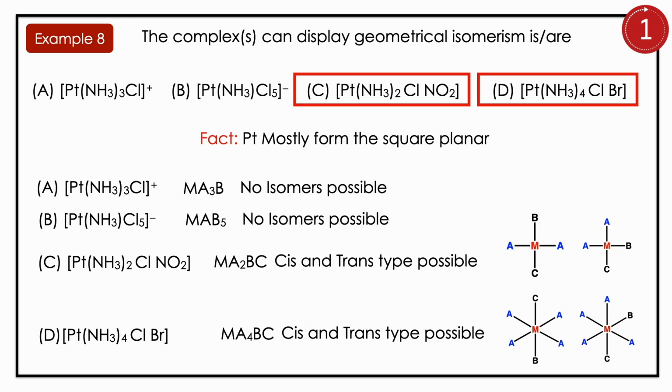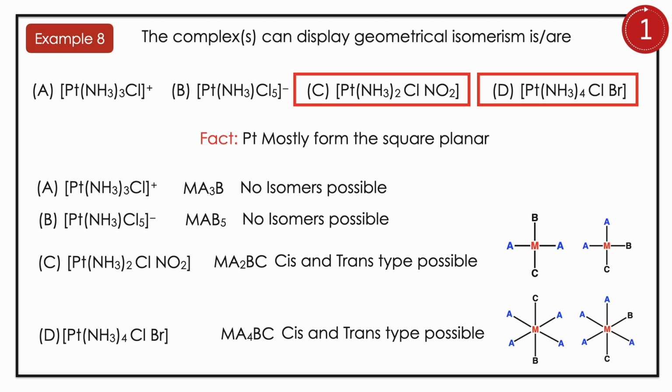First, we go by the fact that platinum always forms square planar. So we can easily eliminate A and B because only one ligand is different. That is, A is an Ma3B system, so no isomers are possible. B is an MAB5 system, so no isomers are possible.